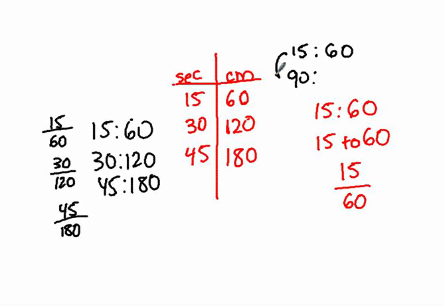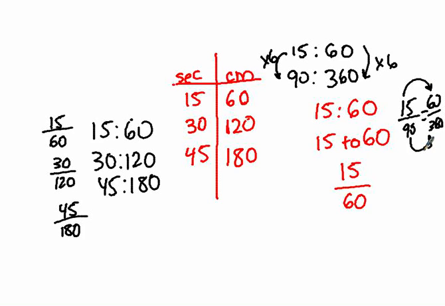We could multiply 15 times 6, which gets us to 90, and 60 times 6 would have to work the same way, which would be 360. Those would be equivalent. And with fractions, 15 over 90 would equal 60 over 360, multiplying times 6.